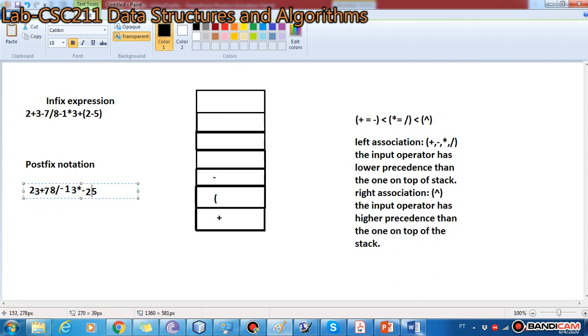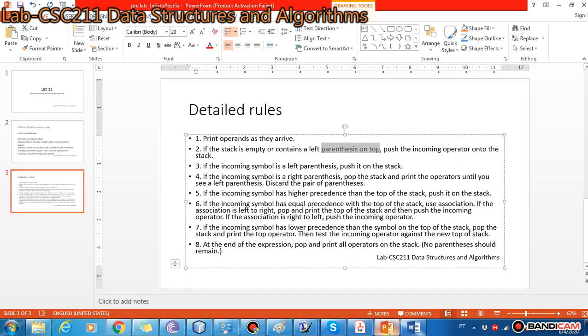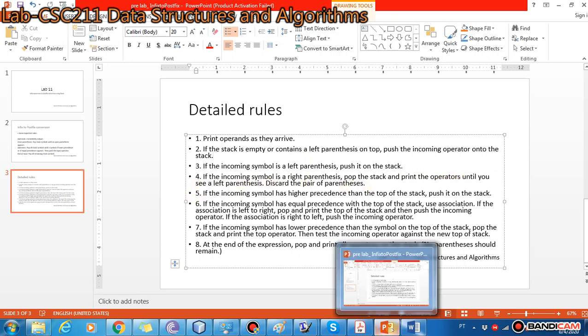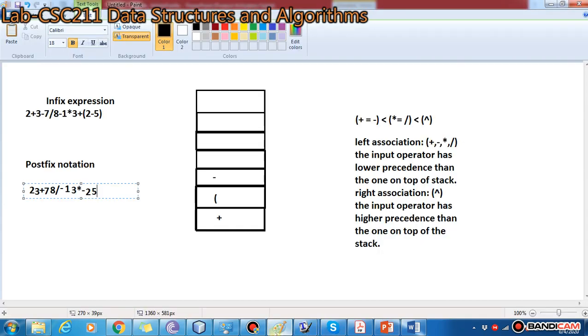Then there is a right parenthesis, or the closing parenthesis. Whenever the incoming symbol is a right parenthesis, pop the stack and print the operators until you see a left parenthesis. Discard the pair of parentheses. The pair of parentheses does not appear in the output string.